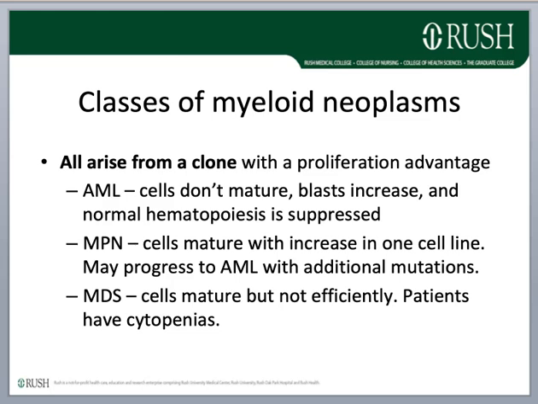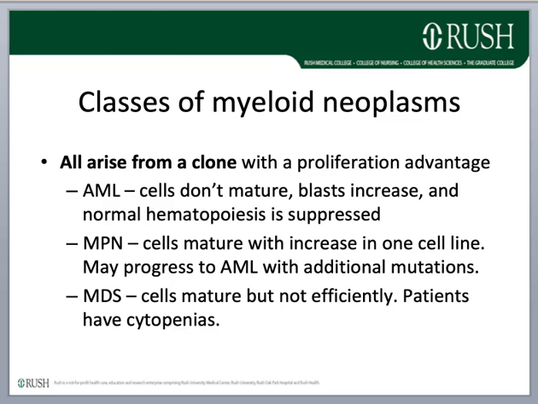In myeloproliferative neoplasms, the cells do mature and increase in one cell line. Now, this may, as we'll learn in an upcoming presentation, be the erythroid line or the megakaryocytic line, but most of the time it involves the myeloid line. And these, again, may progress to AML as they acquire additional mutations.